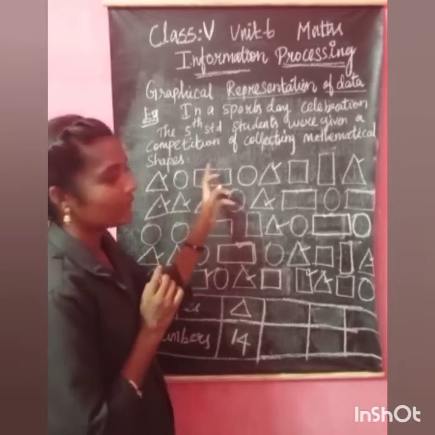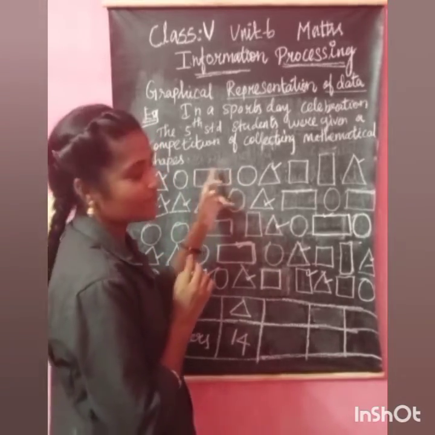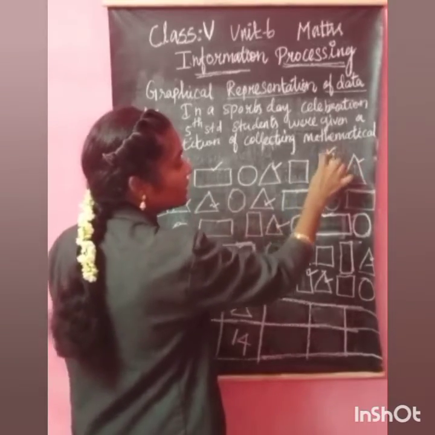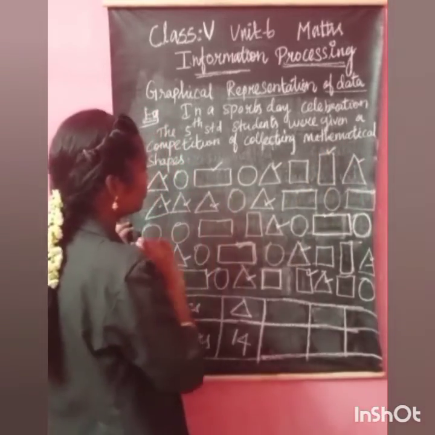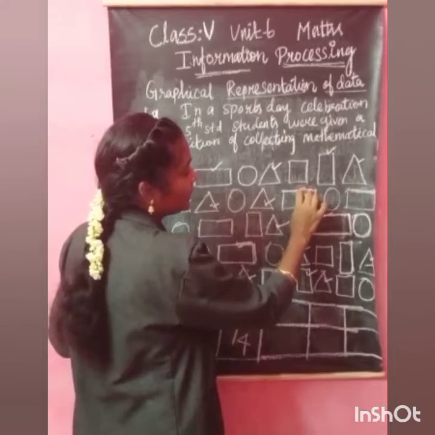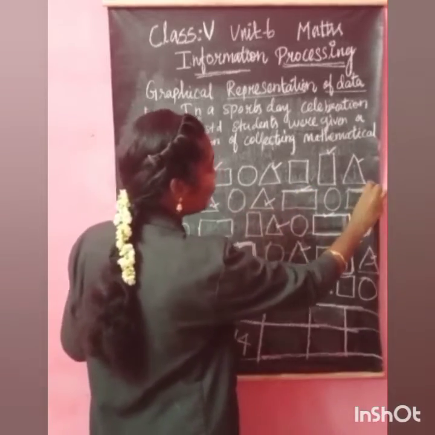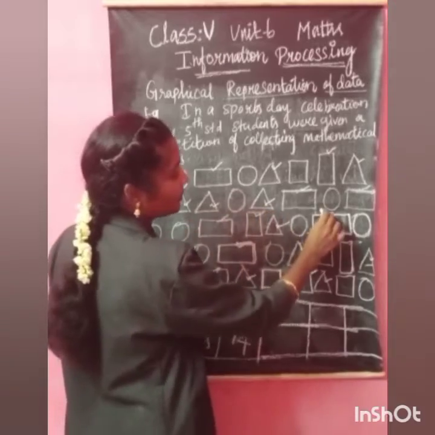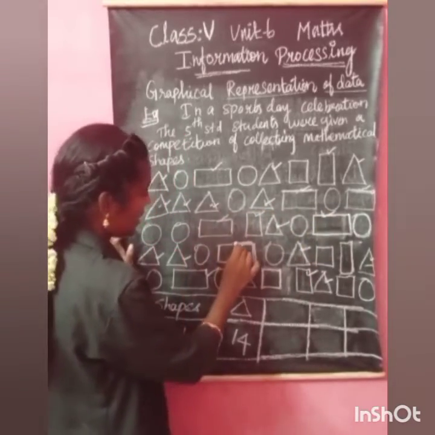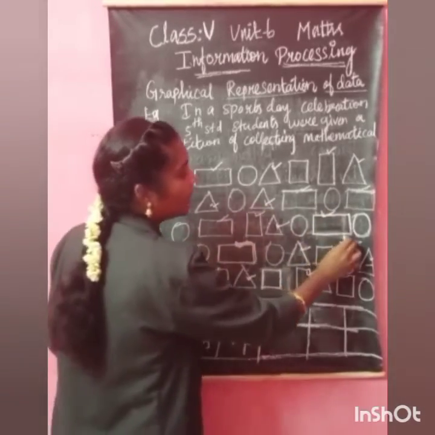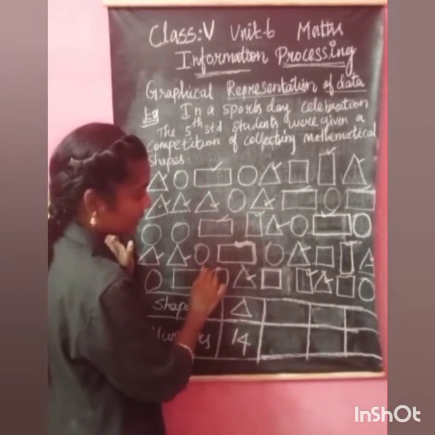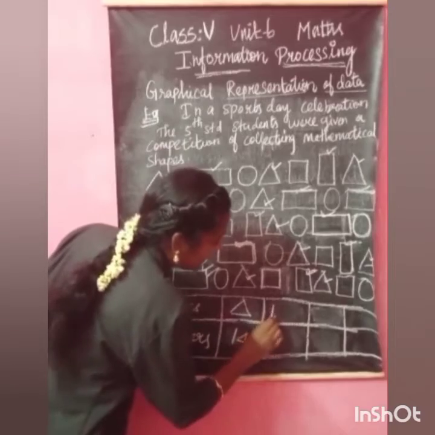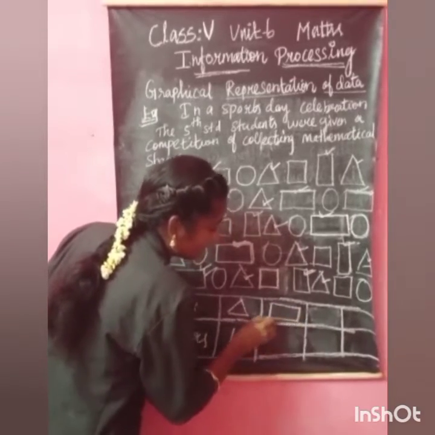Next, count the rectangle shapes, children. This is a rectangle. So 1, 2. This is also a rectangle. 2, then 3, 4, 5, 6, 7, 8, 9, 10 and 11. So rectangle shapes are 11.